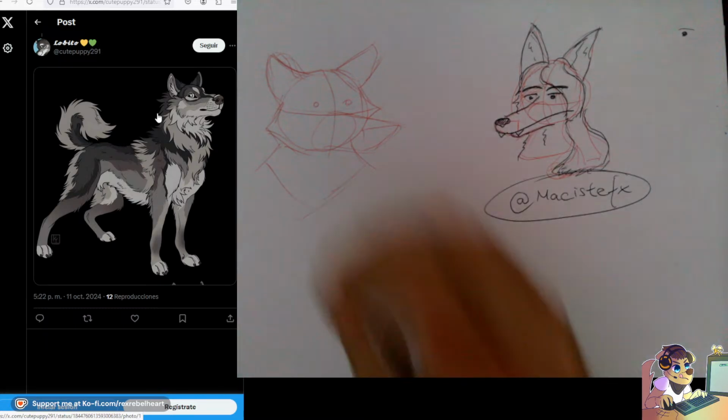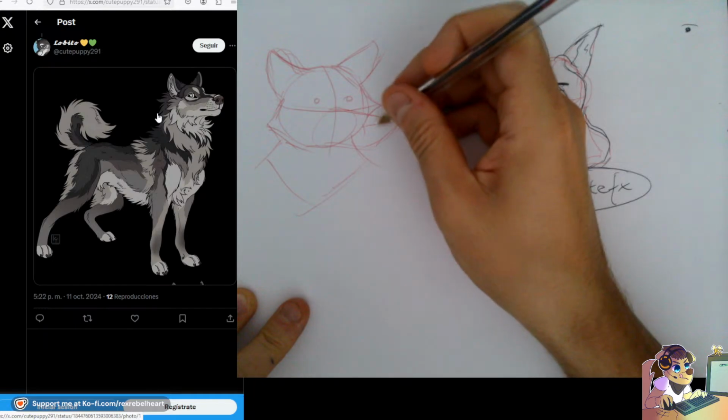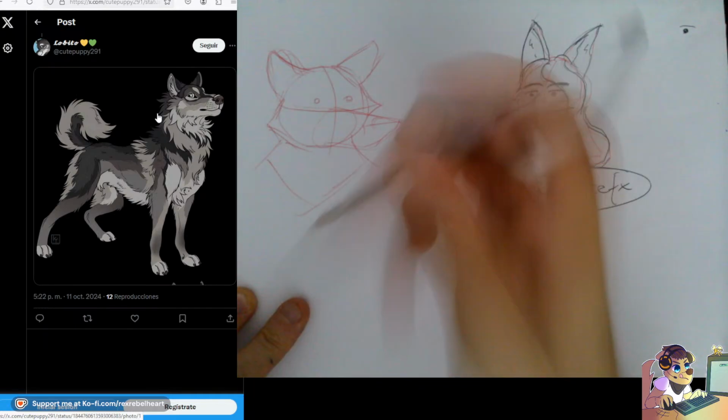Dude, this has got all these markings and stuff, which I'm not going to be able to handle, but whatever, you know.